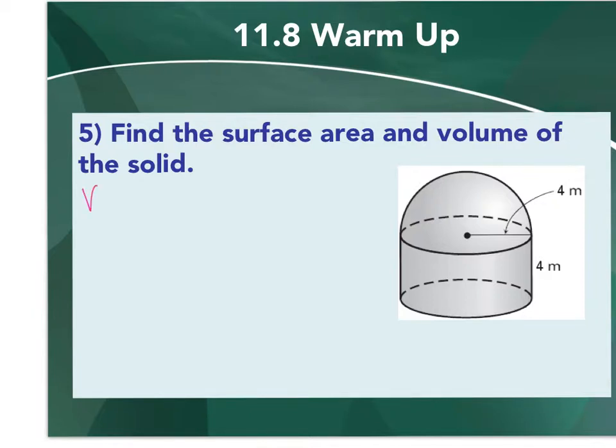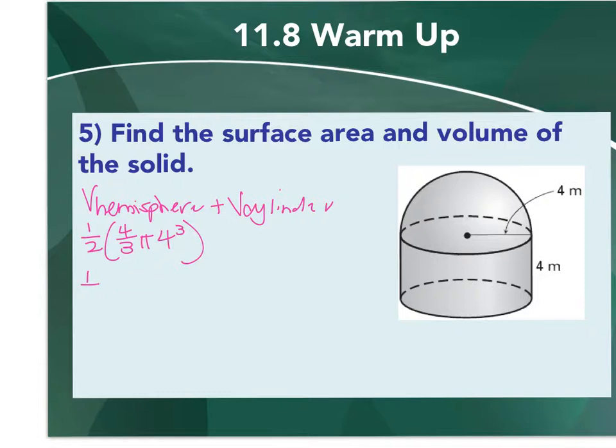So let's do the volume first, since we said that was easy. Volume of the hemisphere plus the volume of the cylinder. The volume of the hemisphere would be 1/2 the volume of that sphere. So 4/3 pi 4 cubed, times 1/2. 4/3 pi times 64 is 256 over 3, times 1/2.